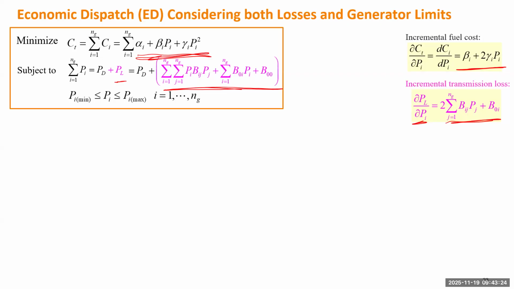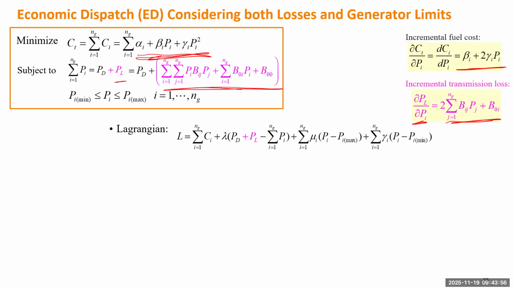We call this item the incremental transmission loss, similar to the incremental fuel cost in the first equation. Incremental transmission loss means if we increase the output of this unit, how much loss will be added to the network. So it changes linearly.